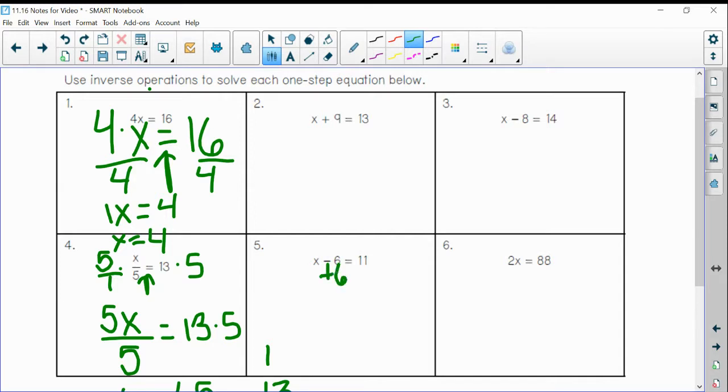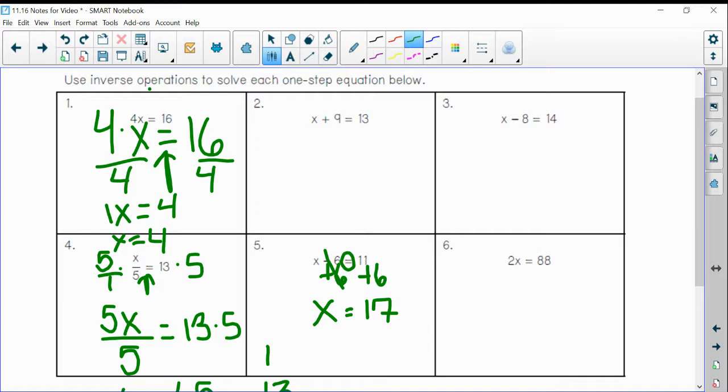But like that balance scale, if I add 6 pounds to the left, I need to add 6 pounds to the right because I want them to stay equal and balanced and for my equal sign to remain true. So we're going to have x because minus 6 plus 6 cancels out to 0. And 11 plus 6 on our right side. Well, 11 plus 6 is 17.